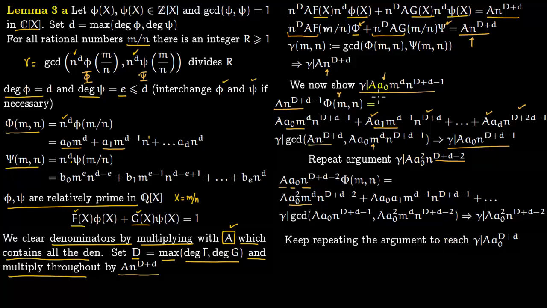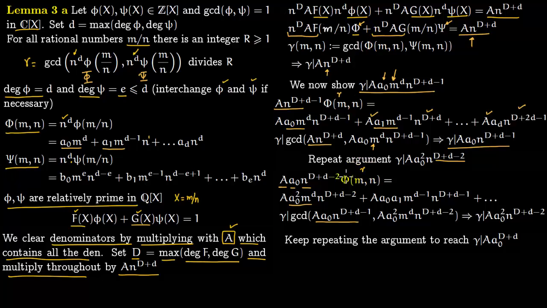Now here we have shown that gamma divides this term right here. And we said that we are going to skip m because m was relatively prime. So we are saying that gamma divides a0 n^{D+d-1}. So gamma divides this portion here, but it also divides phi because it is by definition the greatest common divisor here.